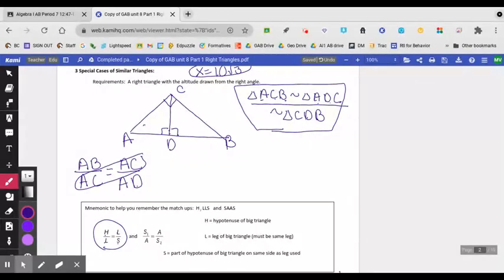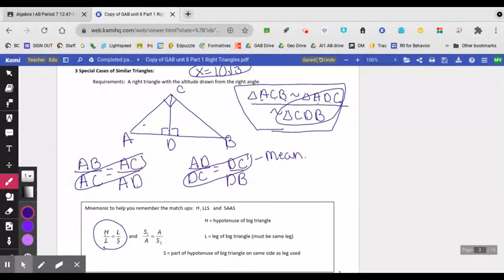Another proportion we can do is AD is to DC as DC is to DB. For that proportion, I'm using these two similar triangles. And notice again that I have a mean proportion. DC is the same, and that we refer to as SAS.